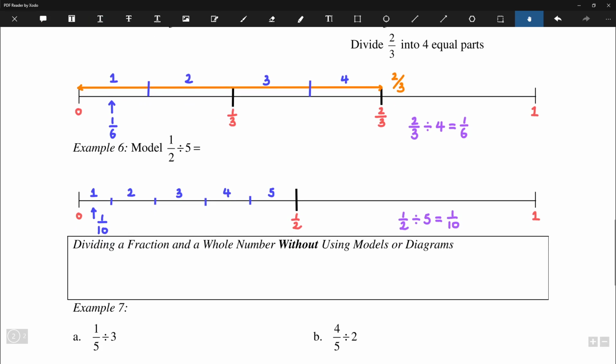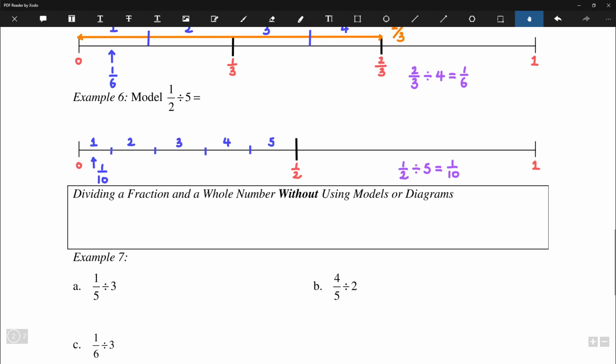So if we are to divide fractions by a whole number without using models or diagrams, the idea here is we will multiply the denominator with the whole number and then we reduce.